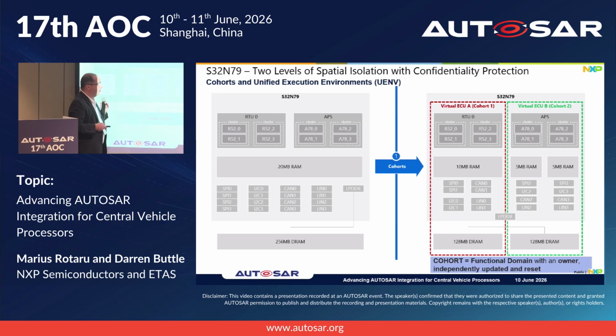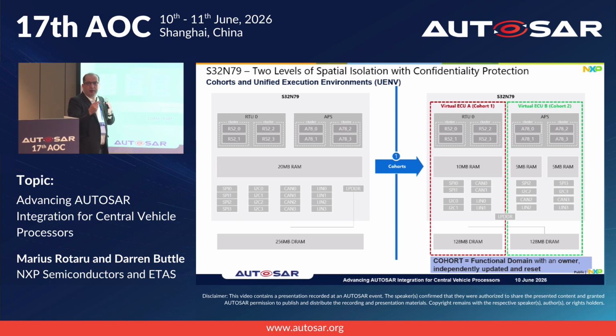A cohort, basically, is a functional domain which has an owner and which can be independently updated and resettable. So in other words, we can partition the device to have two tier ones deploy their software, keeping the confidentiality without sharing any confidential information.